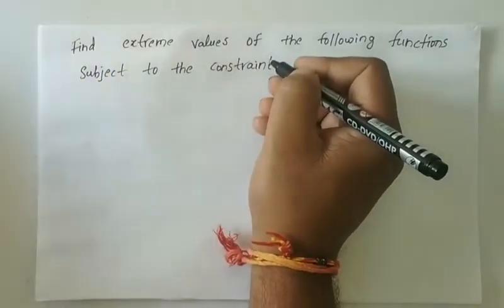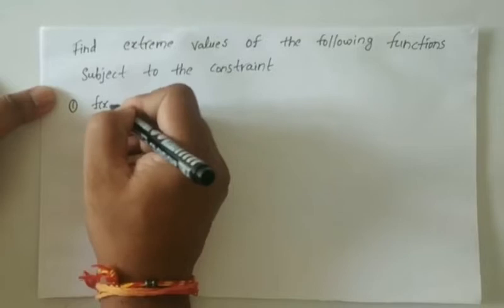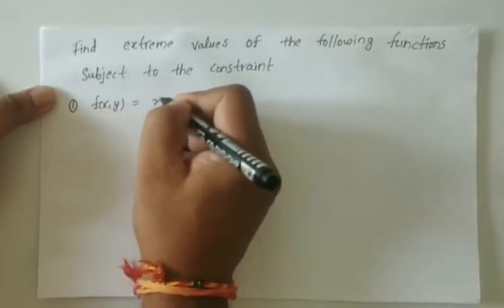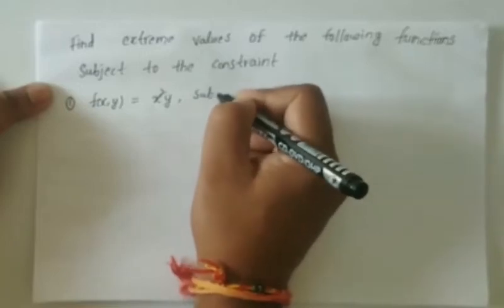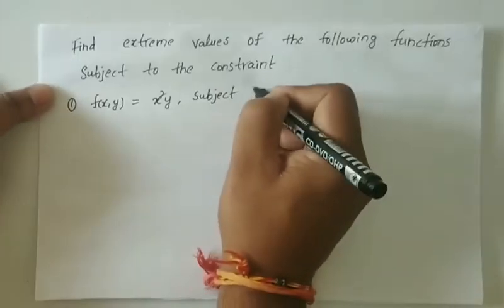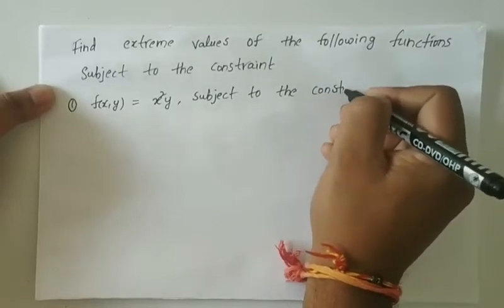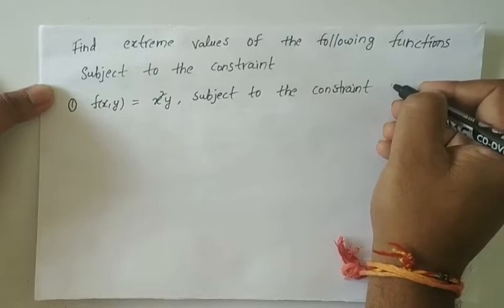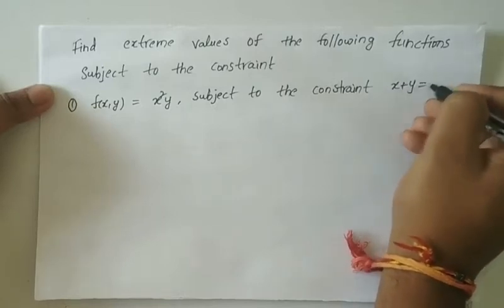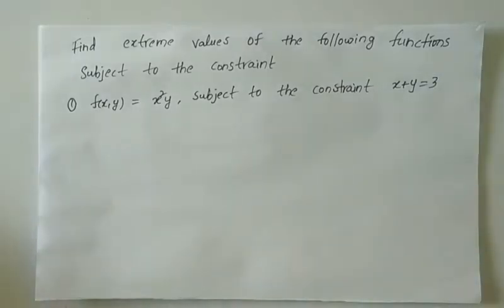First one: f of x comma y is equal to x square y subject to the constraint x plus y is equal to 3.